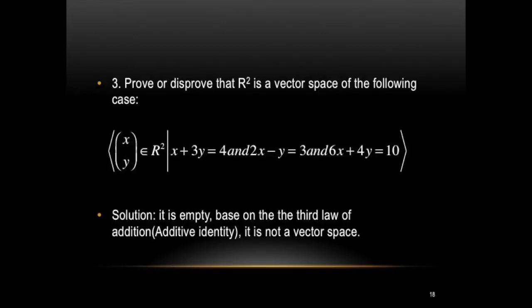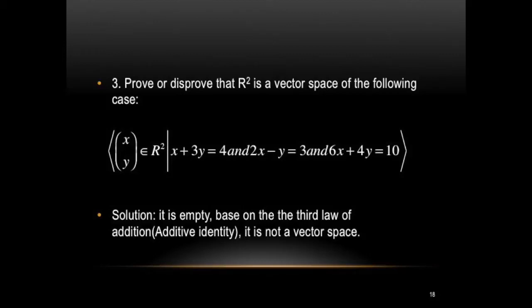The third example is to prove or disprove that R2 is a vector space in the following case. X and Y are in R2 and X and Y are any real numbers. The second condition is X plus 3Y equals 4, and 2X minus Y equals 3, and 6X plus 4Y equals 10.